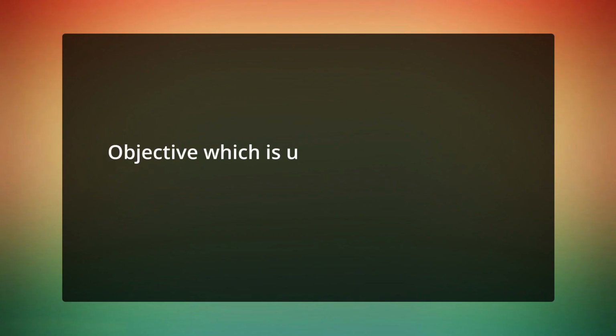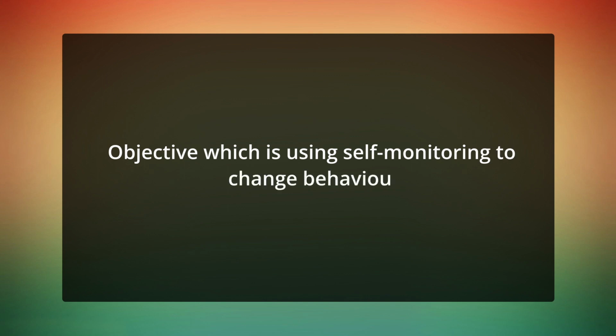In some circumstances, this might be viewed as aggressive or even antisocial. But in others, it could also be a sign of strong individualism and a lack of interest in following the crowd. Moving forward to the last objective, which is using self-monitoring to change behavior.